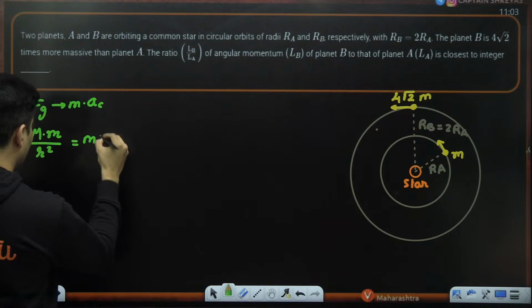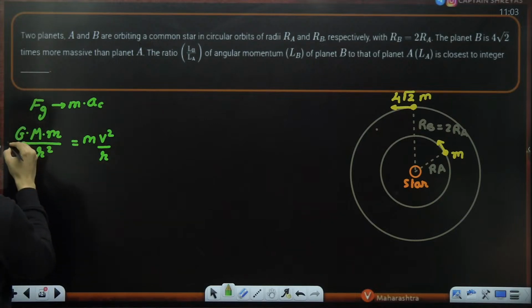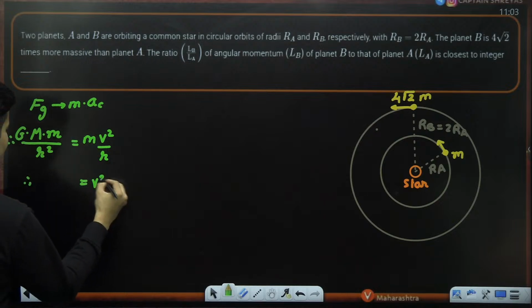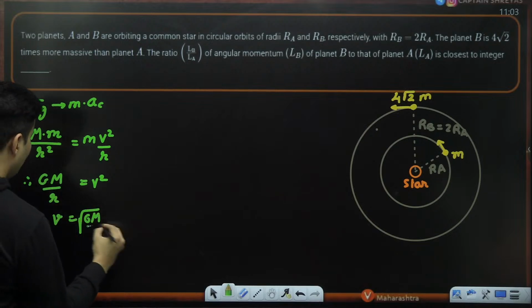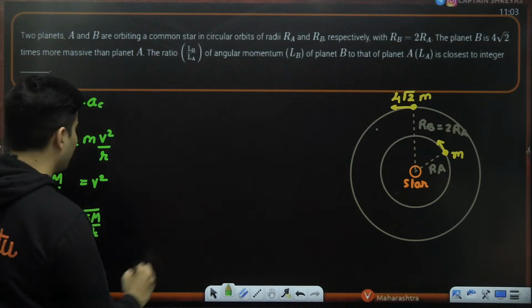Centripetal acceleration will be V squared divided by R. R will cancel, so m will also cancel. Therefore V squared will be GM by R, or rather V will be root of GM by R. M is the mass of the star.